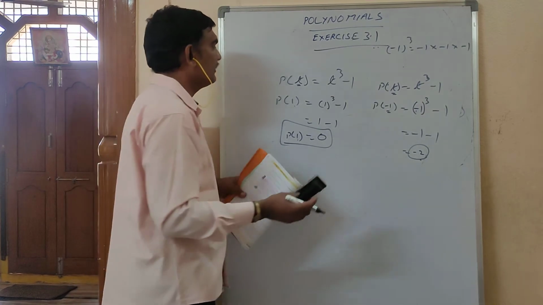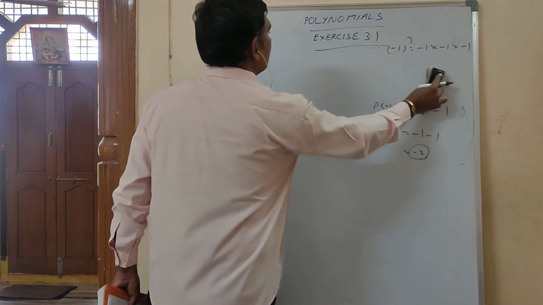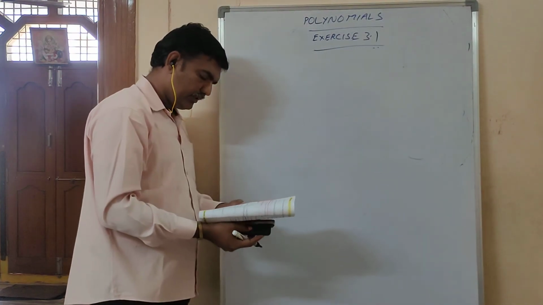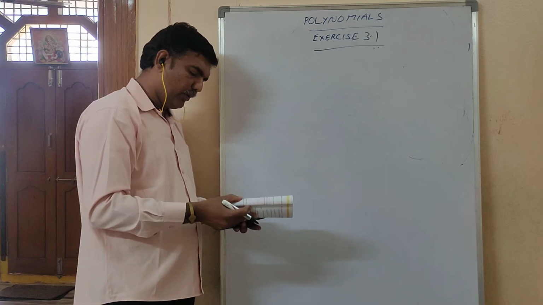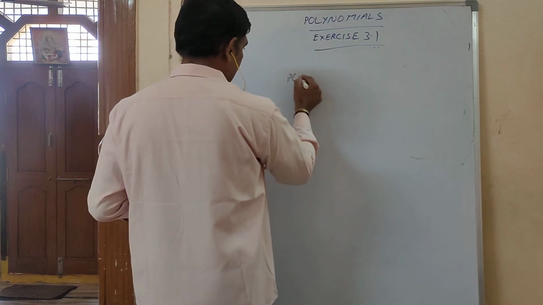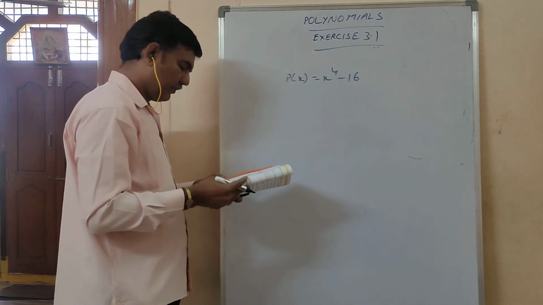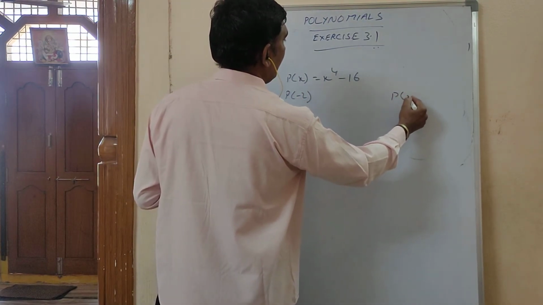And the fourth question. What is the fourth question? Check whether minus 2 and 2 are the zeros of the polynomial x power 4 minus 16. P of minus 2, P of 2.